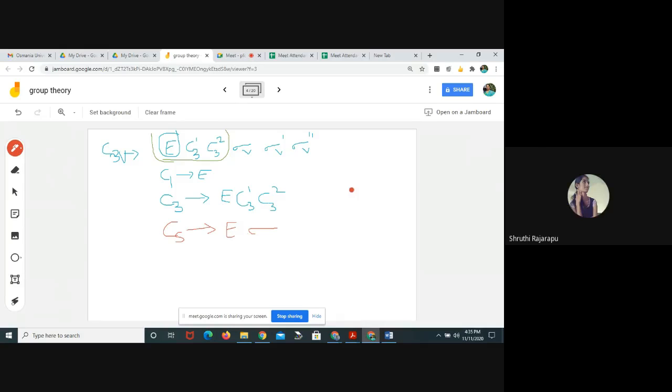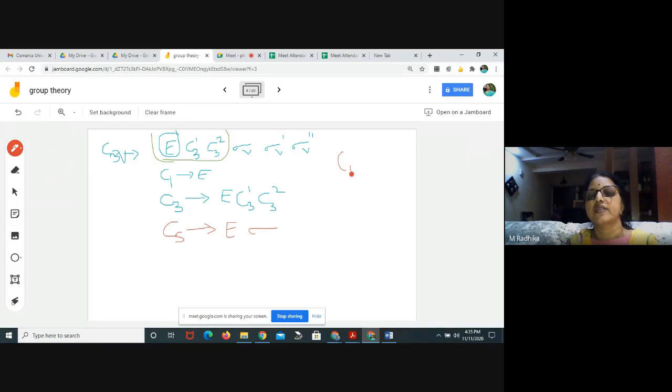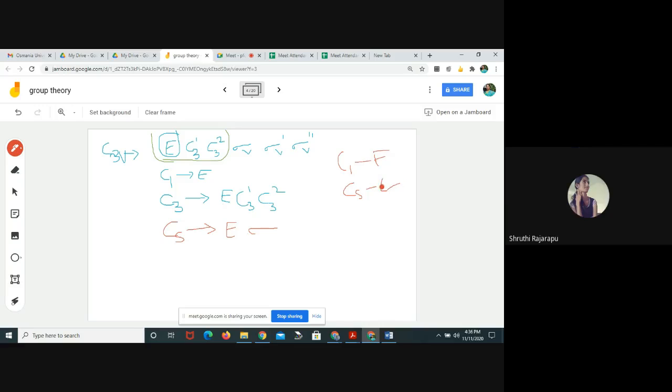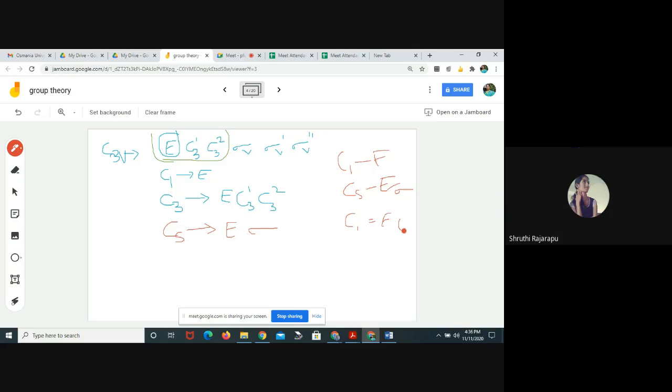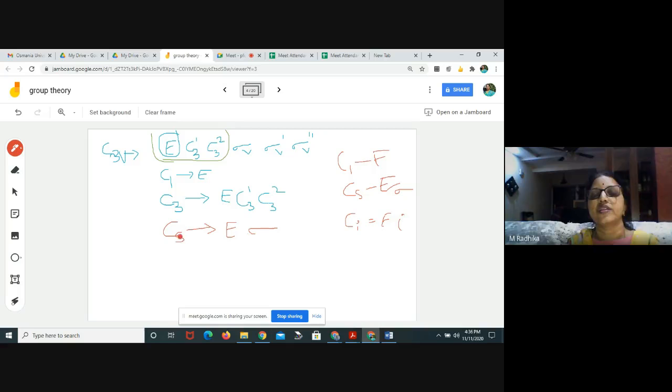C1 means you will have only E. Cs means you will have E and sigma, one plane. Ci means you will have E and one inversion center. So what is Cs here? One plane and one identity.